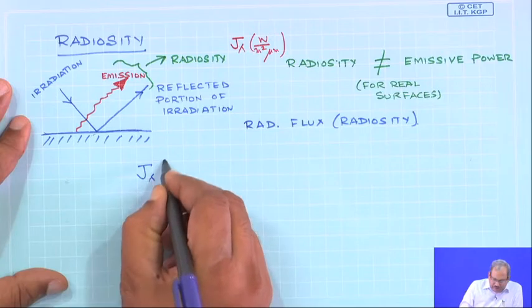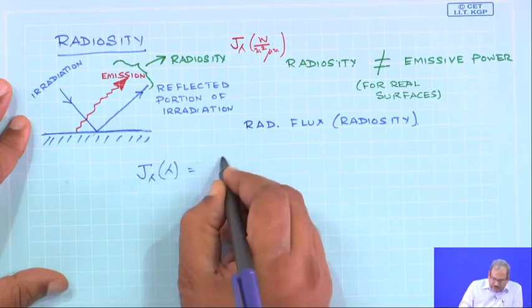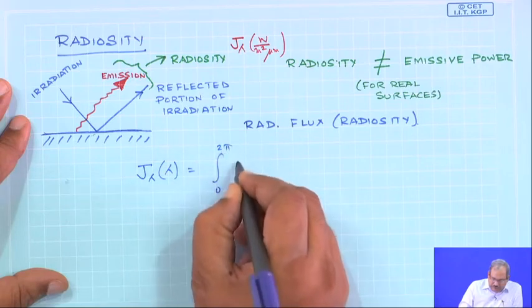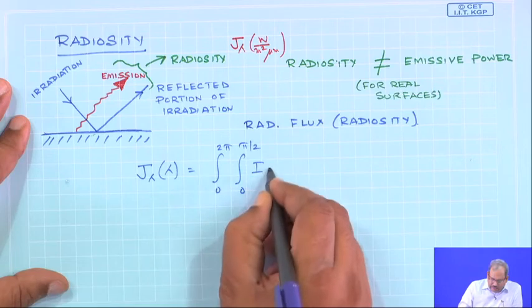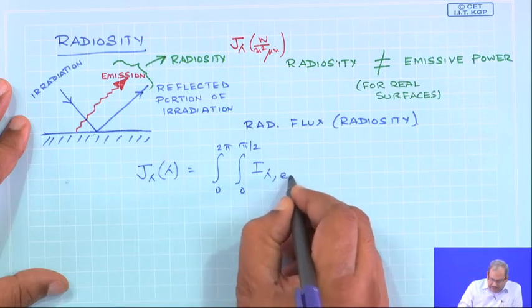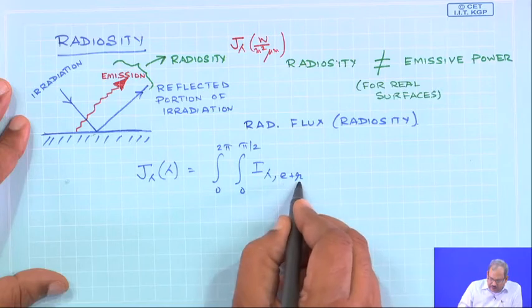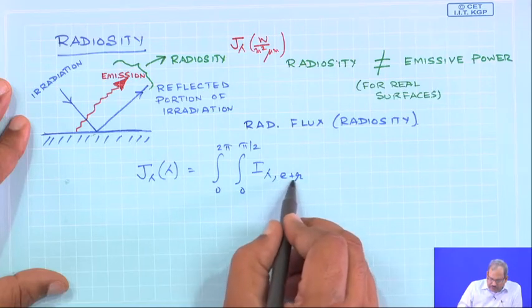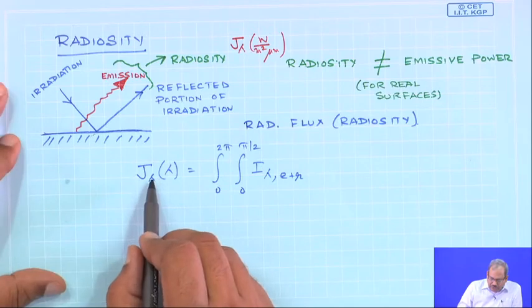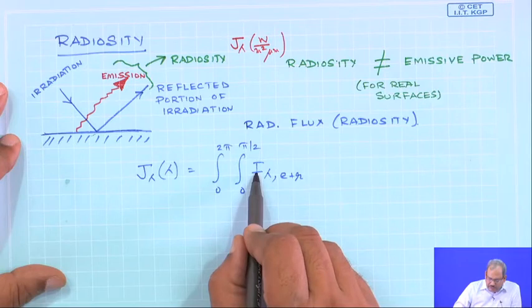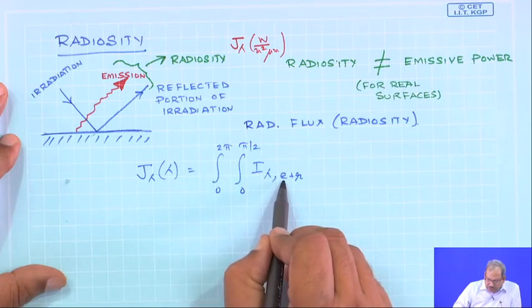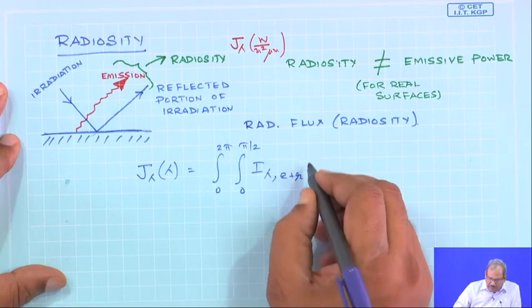So, this J lambda for any lambda is connected with the spectral intensity I, and this contains both emission and reflection. That is the significance of E and R over here. I am trying to relate the spectral radiosity to the spectral radiative intensity, and since it is the radiative intensity, it should contain both the emissive part and the reflected part.